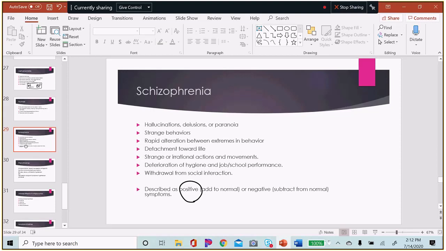So it's easier for me to find a medication to treat psychosis, to treat hallucinations, delusions, paranoid, extreme, irrational behavior. It's much harder to find medication or to help the patient with detachment, withdrawal, and deterioration, the negative symptoms. So there usually is a question about positive and negative symptoms of schizophrenia. So be sure that you understand that.